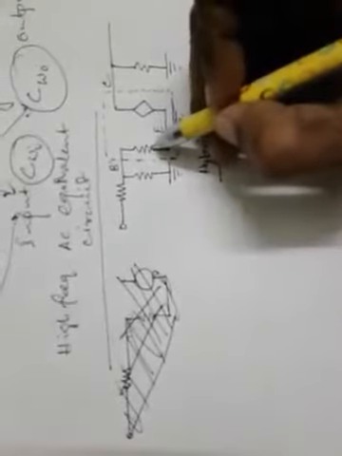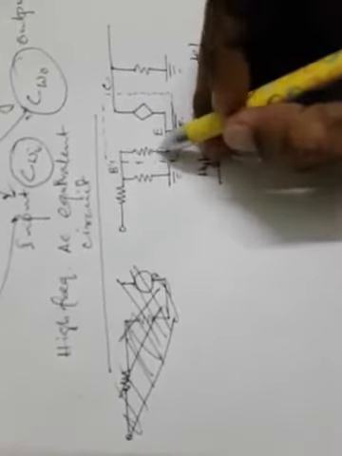Since it is expressed in CE mode, the emitter should be shown grounded. So this portion is at ground. Now in this model, one resistance will be there and one current source will be there.